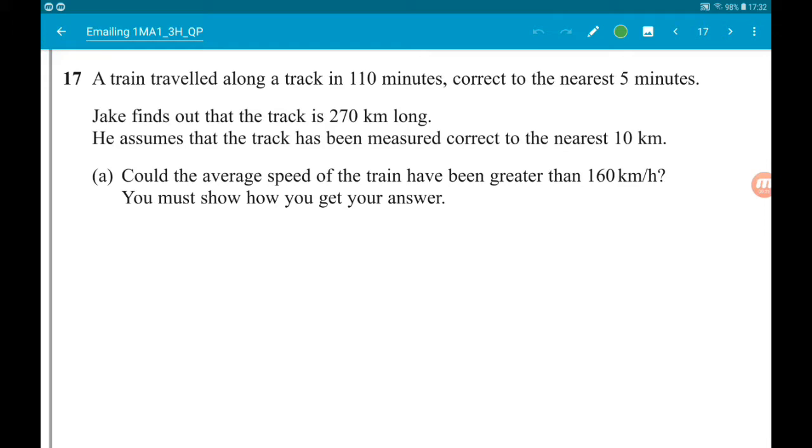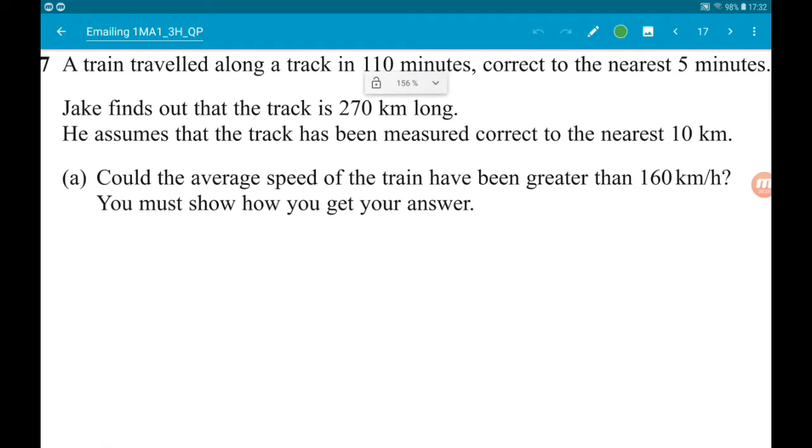So, the time could have been between 107.5 and 112.5. Remember, the upper bound is always a strict inequality.